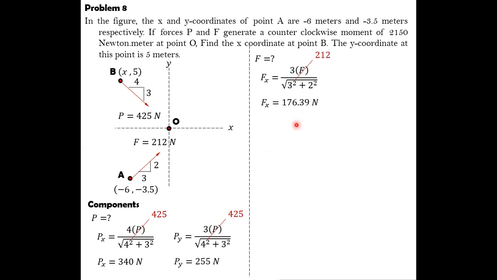So by using our calculator, its value is equivalent to 176.39 Newton. And the next is, in order to compute its y component, ratio and proportion again. So 2 multiplied by F divided by the hypotenuse side, and then substitute F. So therefore, this is the value of the y component.